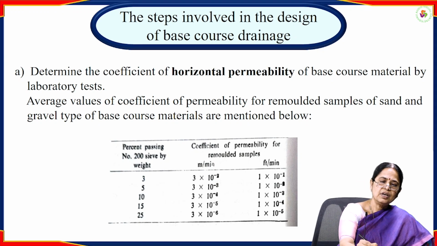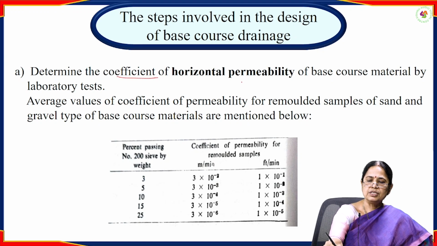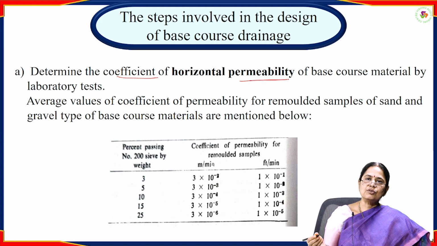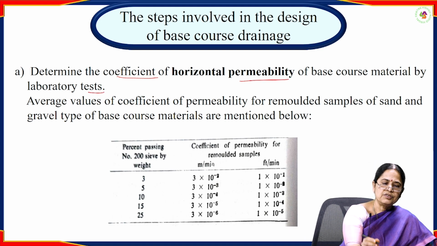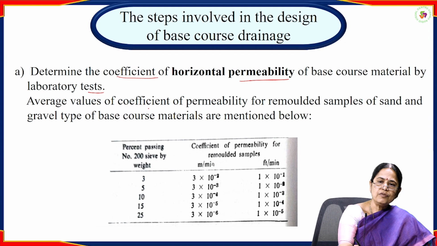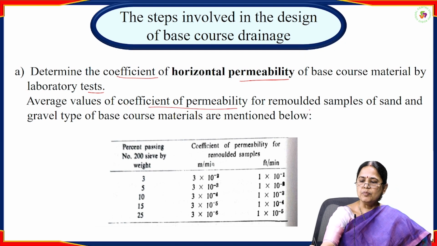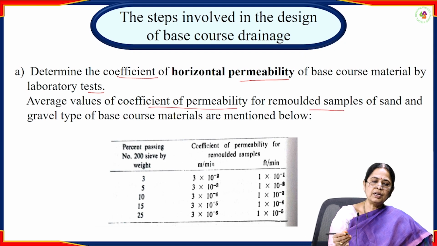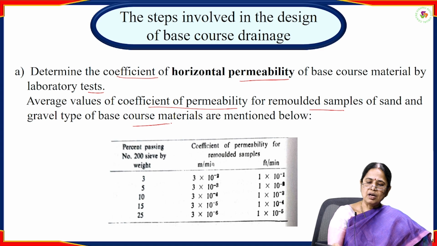The first step is to determine the coefficient of horizontal permeability of the base course material by laboratory tests. The average value of the coefficient of permeability for remolded samples of sand, gravel type or base course materials has been given in this particular table.